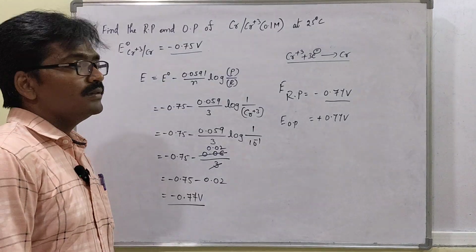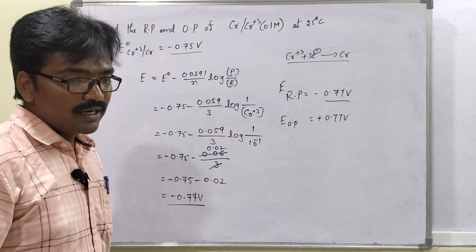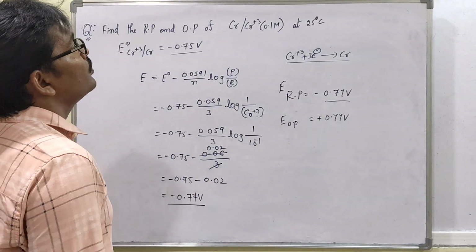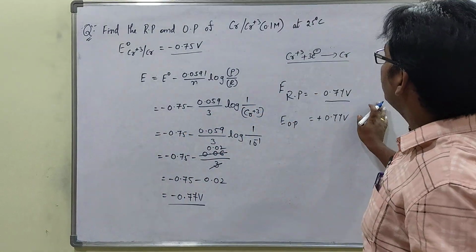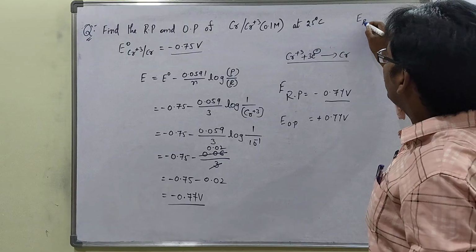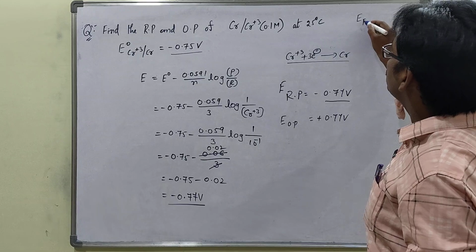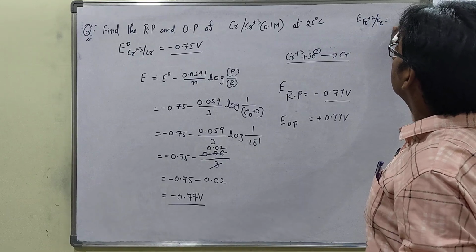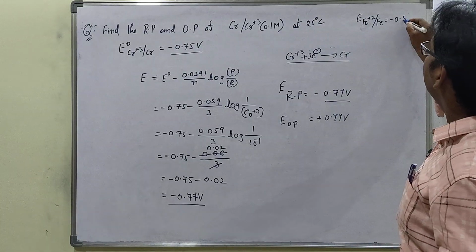So previously we calculated for iron, and now we have calculated for chromium. The reduction potential value for Fe plus 2 to Fe we got is minus 0.509.